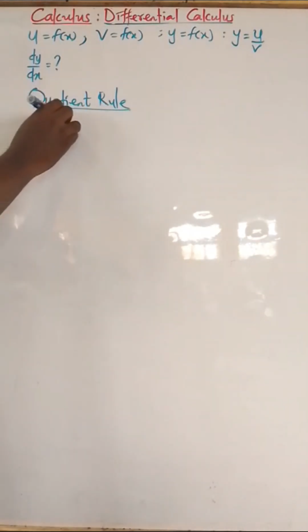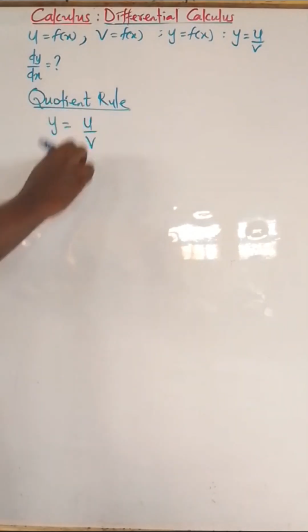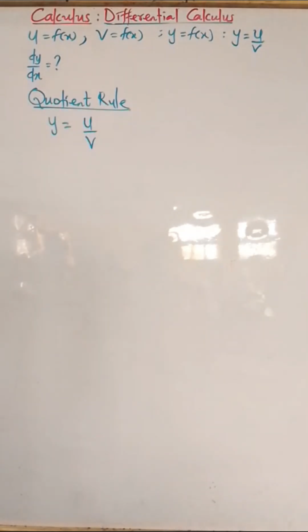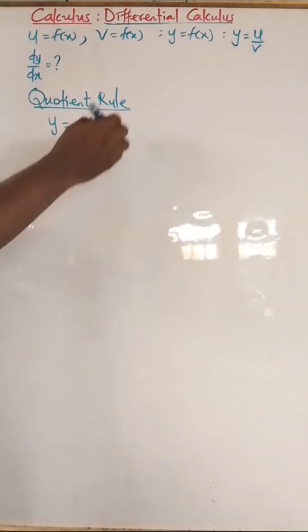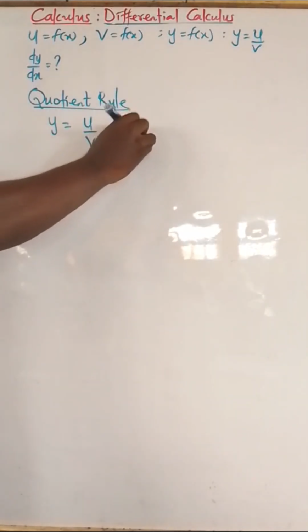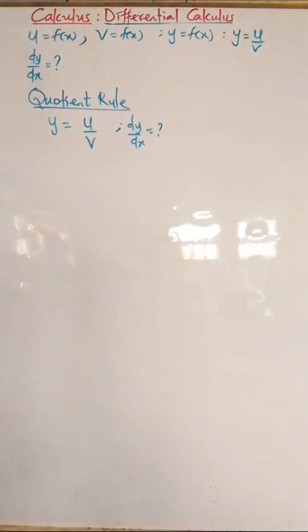Now, y equals u over v, and our aim is to get dy/dx. How do we go about this? We can use first principle, because that's the base of all gradients of functions.